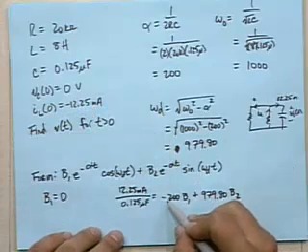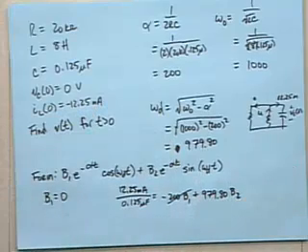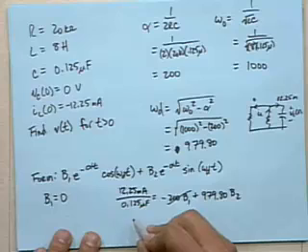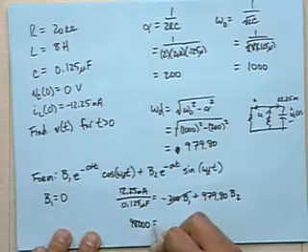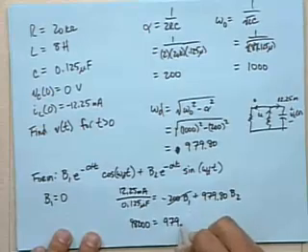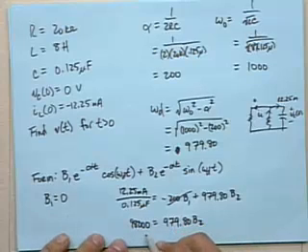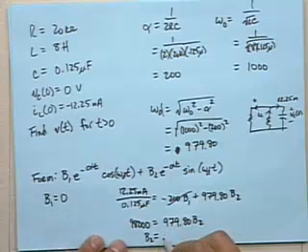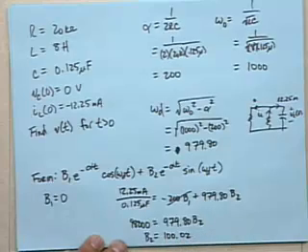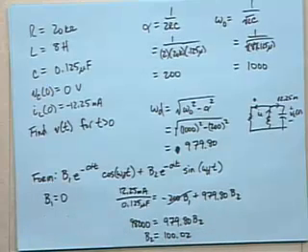And what do you know, B1 is 0, so that term drops off. 12.25 e to the negative 3 divided by 0.125 e to the negative 6 is 98,000, equals 979.80 times B2. And perhaps if we hadn't rounded, this would work out a little nicer, but B2 equals about 100. If you take it out far enough, it's 100.02 or thereabouts.